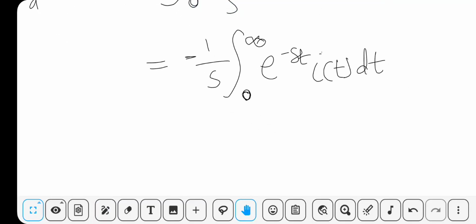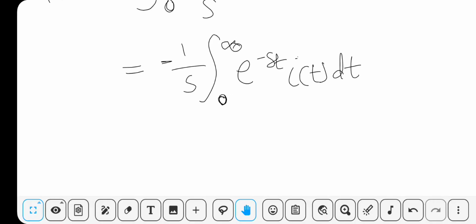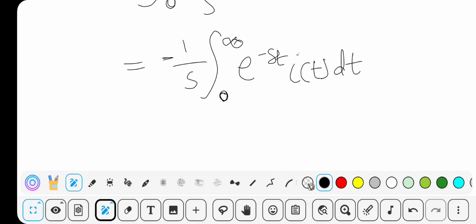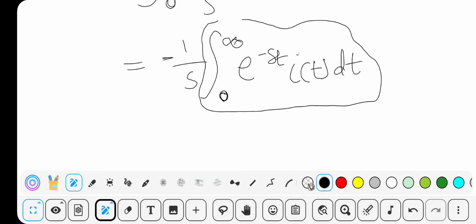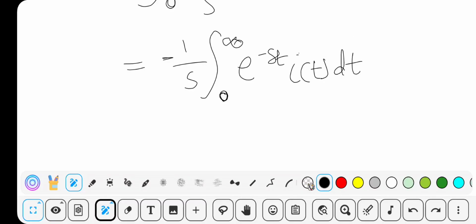So this integral is something that has a value.